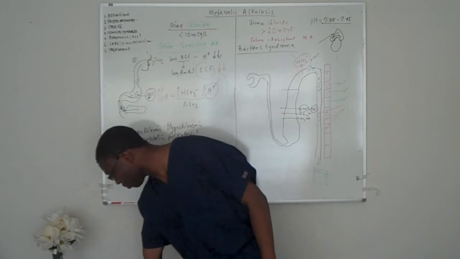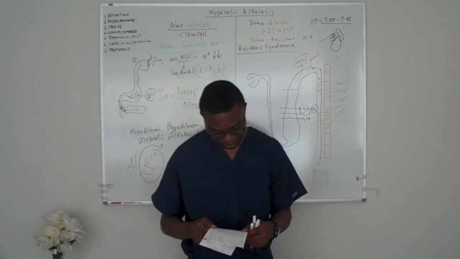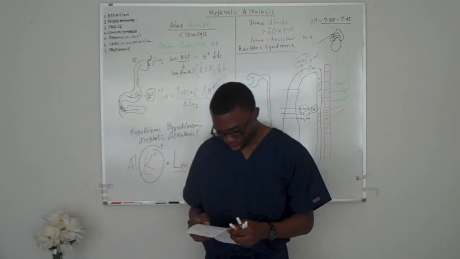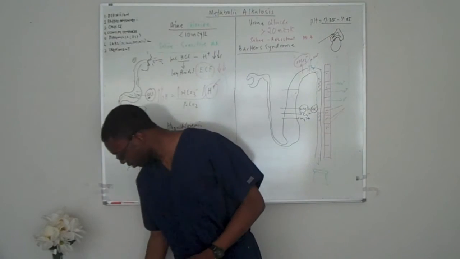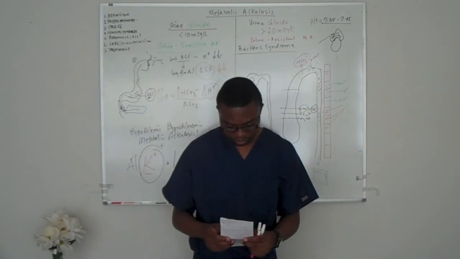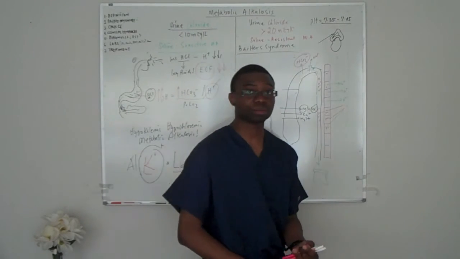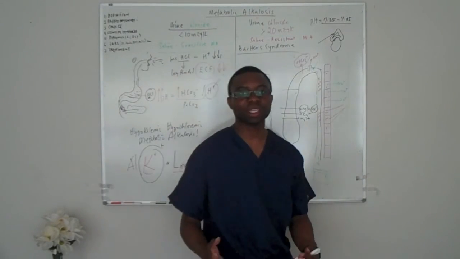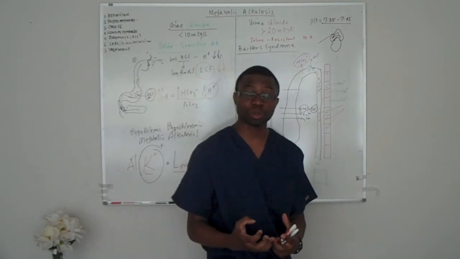Just to make sure I'm not missing anything, because I took some little notes here for you guys. Let's see here. I think we pretty much covered that. So, Bartter syndrome, right? It's basically the inability of the kidney's thick ascending loop to reabsorb sodium and chloride.